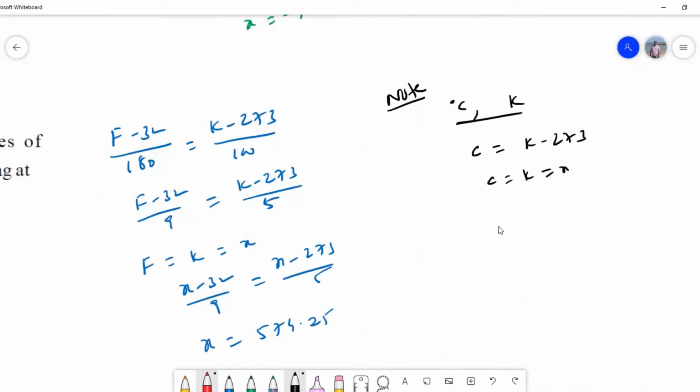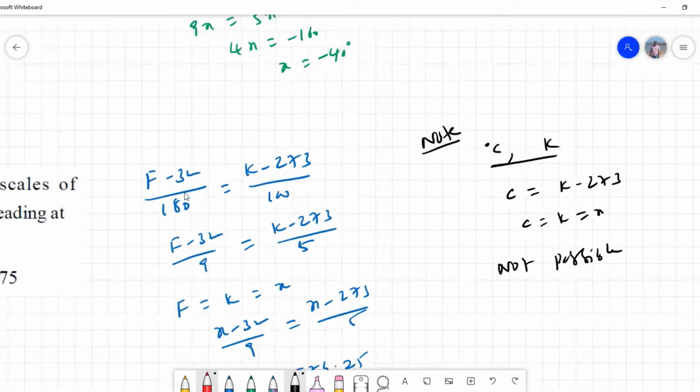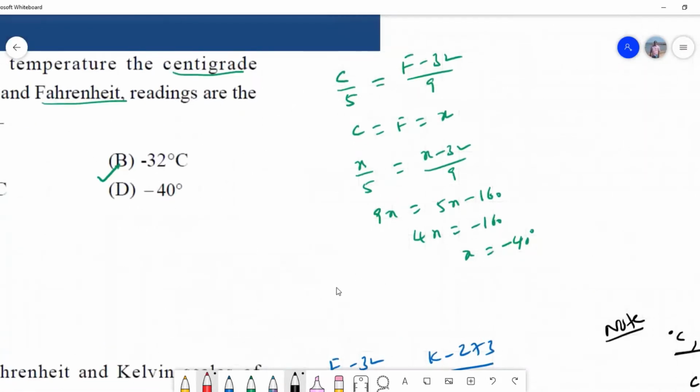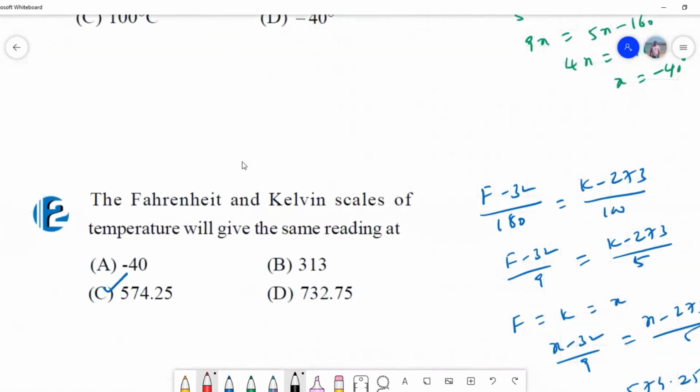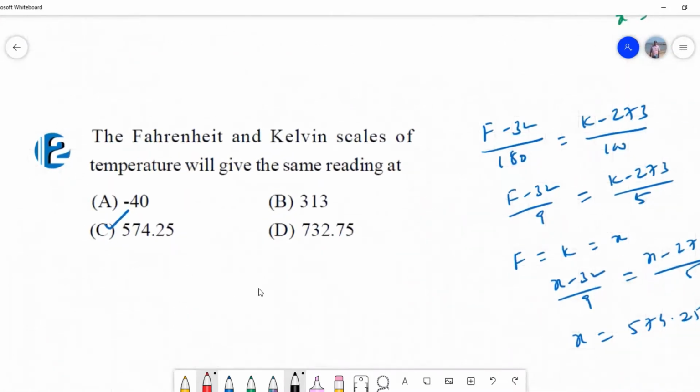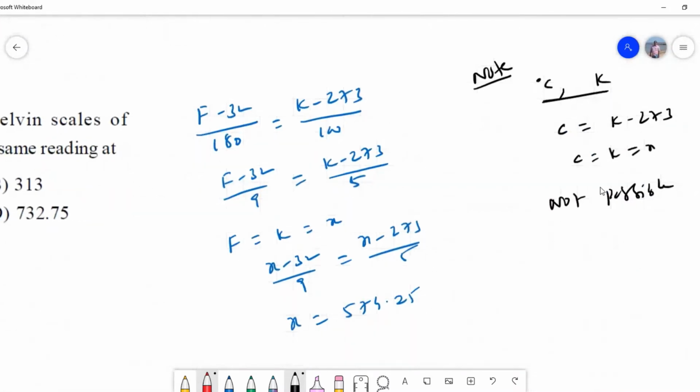From this we understand that it is not possible. So this is an important thing. Only Celsius scale and Fahrenheit scale can show the same reading at minus 40, and Kelvin and Fahrenheit can show the same reading at 574, but Celsius and Kelvin will not show any same reading.